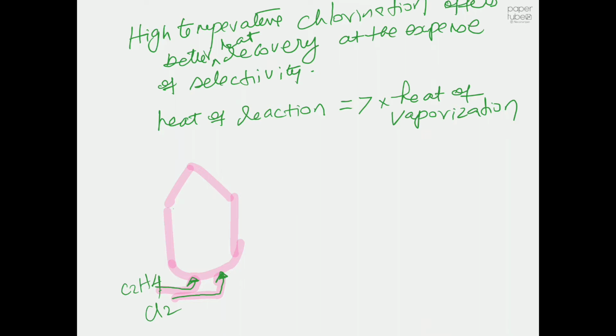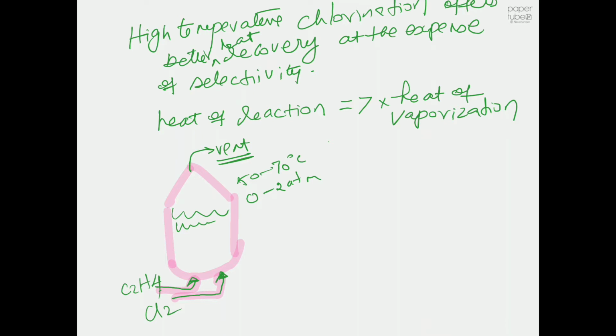Both are in gaseous state, and we are performing this at a temperature of say 50 to 70 degrees centigrade, and a pressure of 0 to 2 atmospheres. So you will get a liquid product. You will also see some vent gases come out.